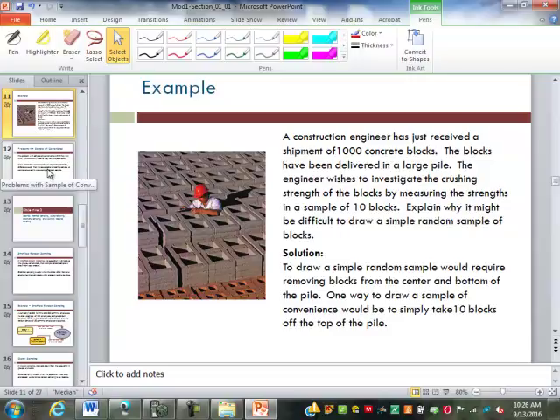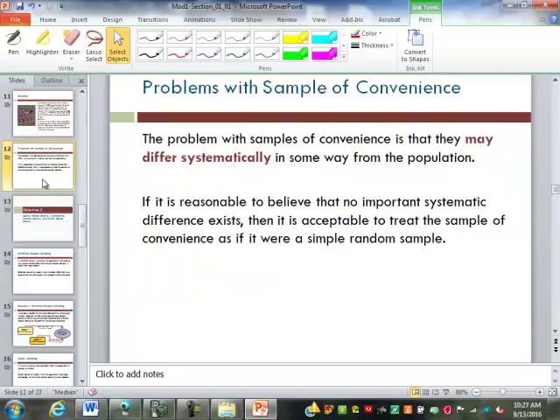In that case, political views vary greatly from one region to another. So there would be reason to believe that there are differences in that convenient sample. Here, like I said, there's no reason to believe that the location in the stack affects the strength of the brick, so it would be okay to do that.